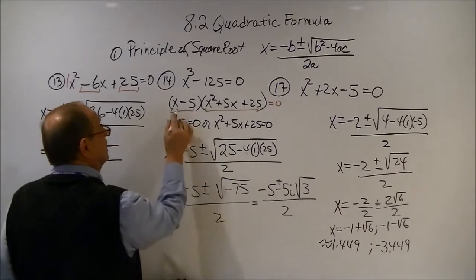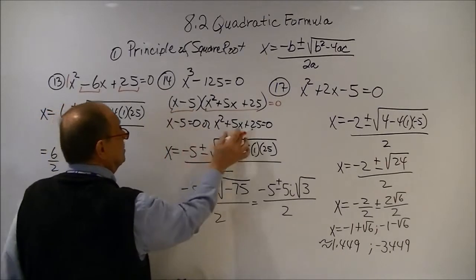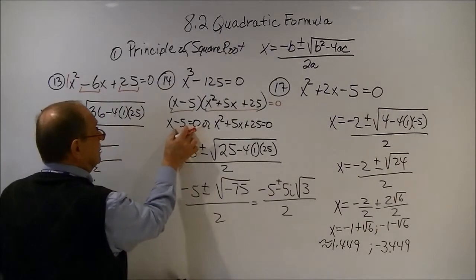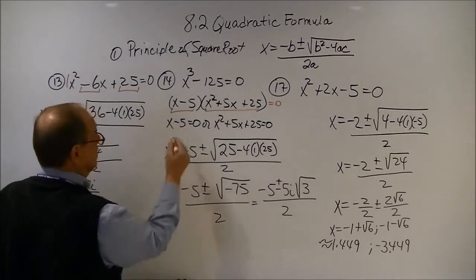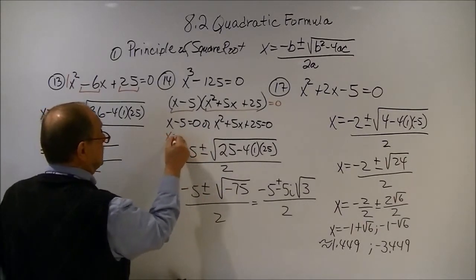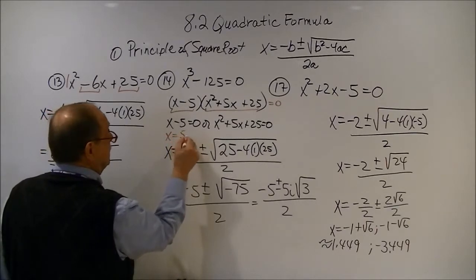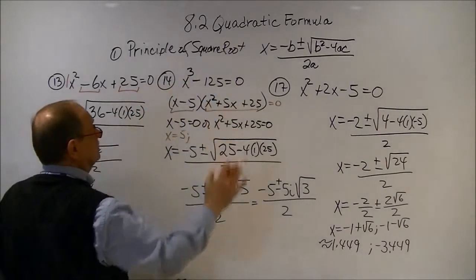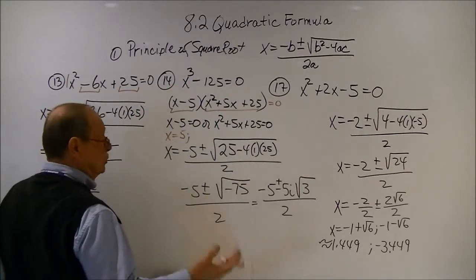So then I set this factor to 0 and this factor to 0. Now this just ended up as x here is a 5. So that's one root for this. But I need 2 more.